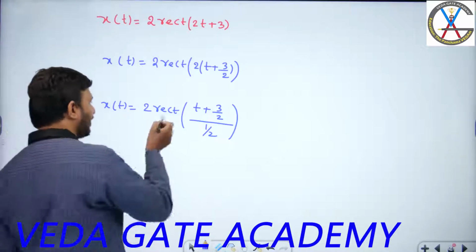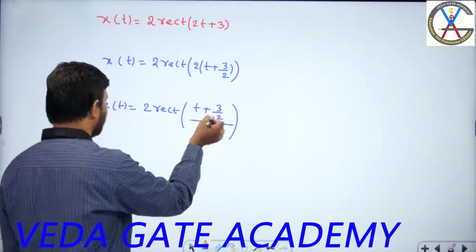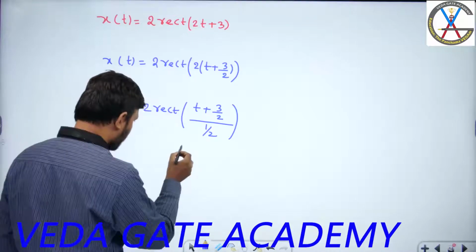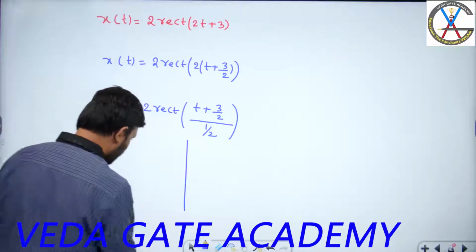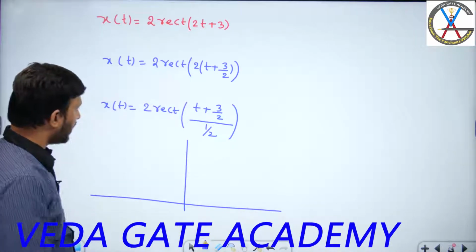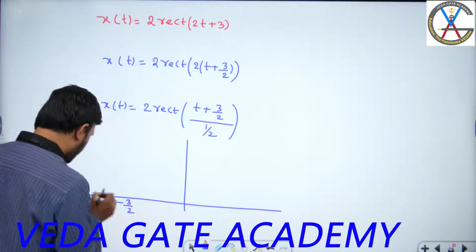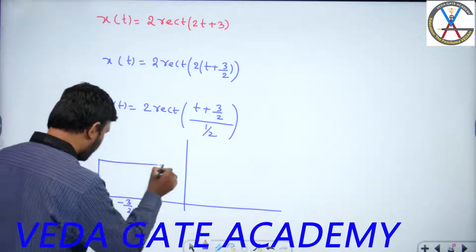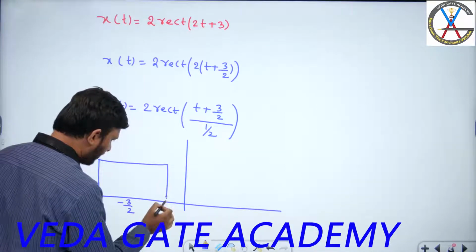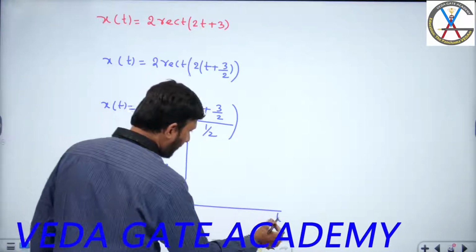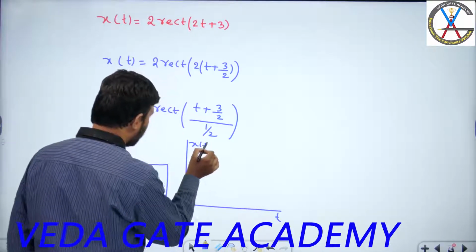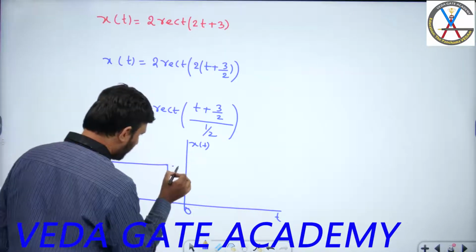Now this is in the form of a rectangular pulse but centered at minus 3 by 2. So what could be the shape? Rectangular pulse centered at minus 3 by 2. This is x of t. And what is the amplitude?